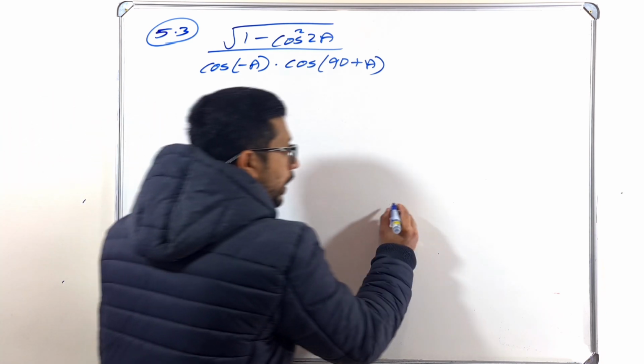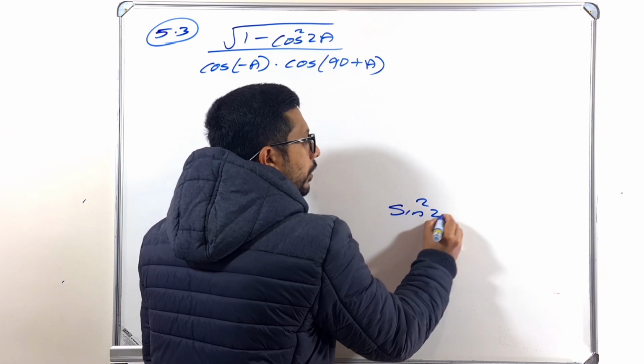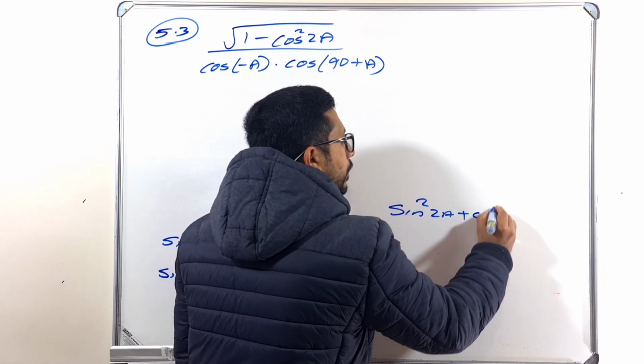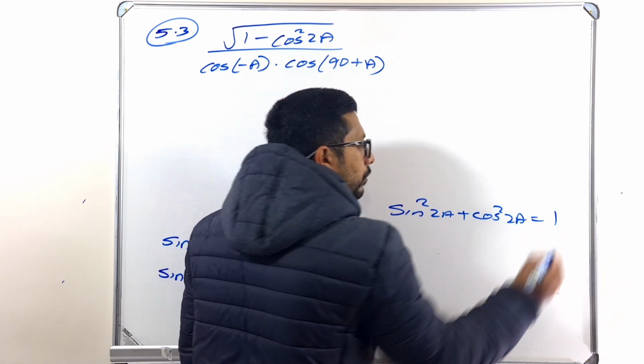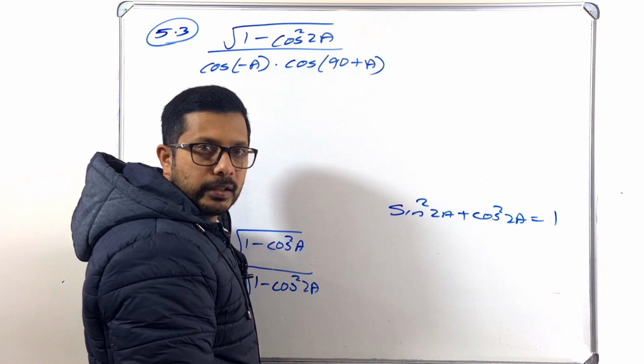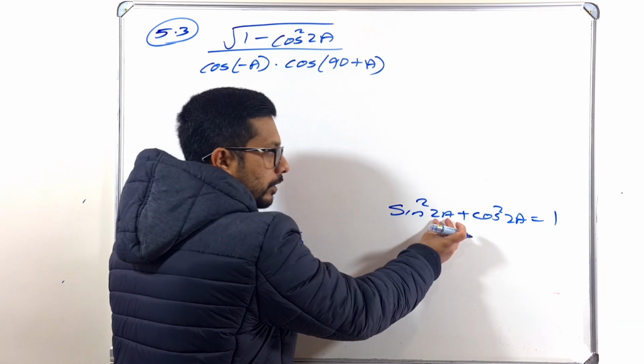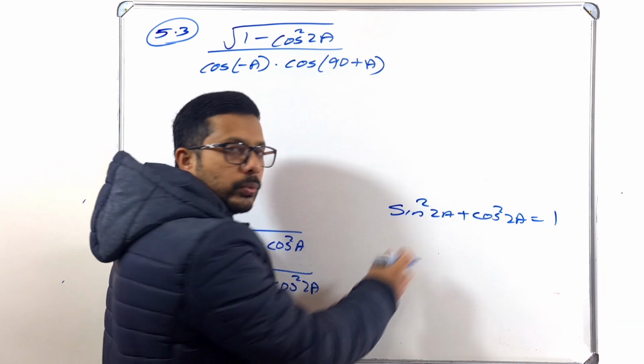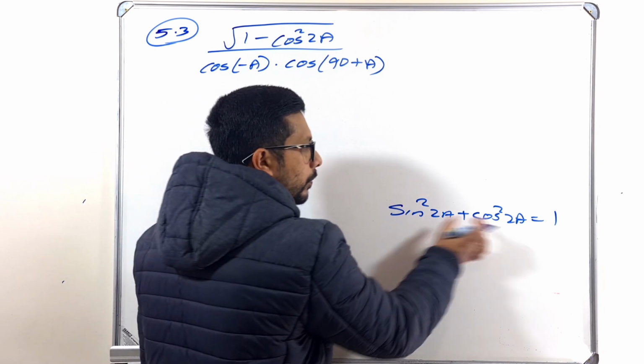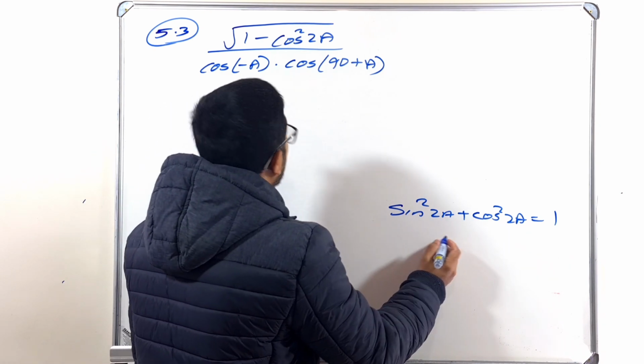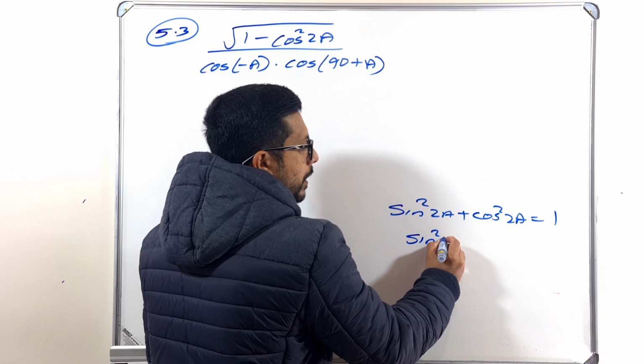So listen once more. Actually, you can write it like this: sine square 2a plus cos square 2a is equal to 1. You studied that identity. This is just an angle. Instead of a, here it is 2a. That's the only difference, but it's the same thing. So from there, what is sine square 2a?